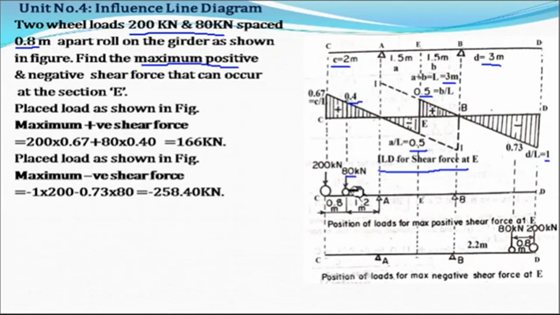Okay, now as we know the ordinate and we know the position of load for the maximum positive shear force at E, so we can find out the maximum positive shear force. Okay, so here point load is 200 multiplied by the ordinate, so 200 into 0.67, so 80 multiplied by 0.4. So here we get the value.